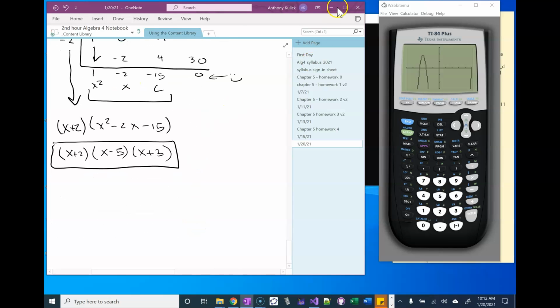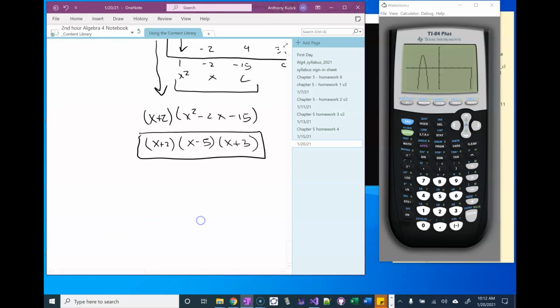Let's do another. So let's say we want to factor x to the 4th plus 2x to the 3rd plus x squared plus 8x minus 12.